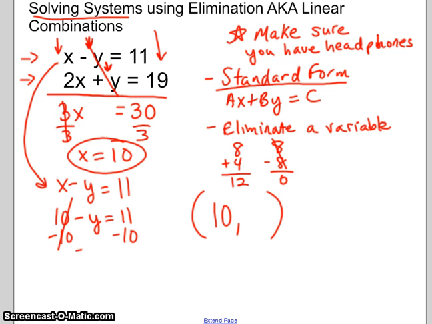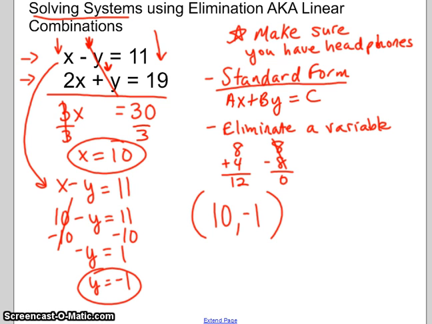Get rid of the 10, negative y equals 1, so y equals negative 1. So we get our final answer, 10, negative 1.